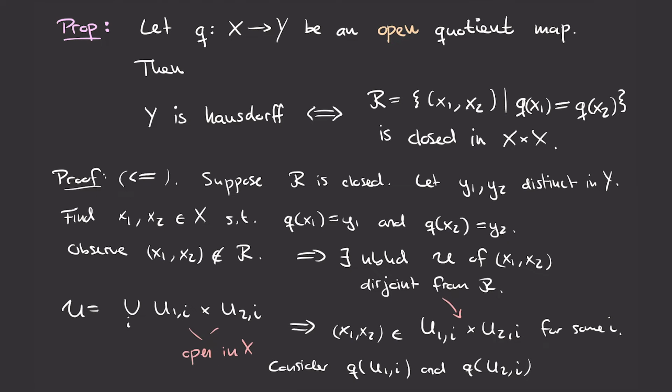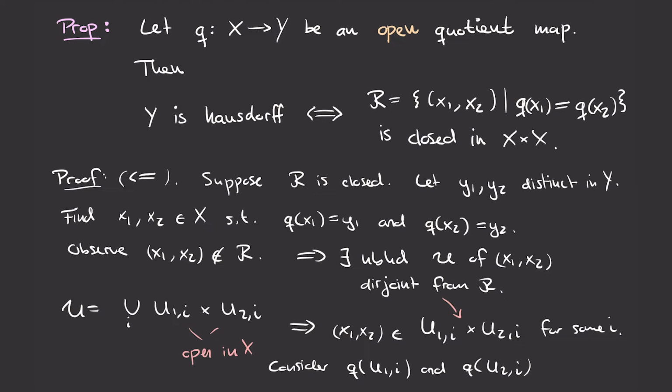Moreover, we assume that Q is an open map, meaning that it takes open sets to open sets. So Q of U1i is an open set because U1i is an open set in X and Q is an open map. And similarly for Q of U2i. That shows 1/3 of what we need to show.